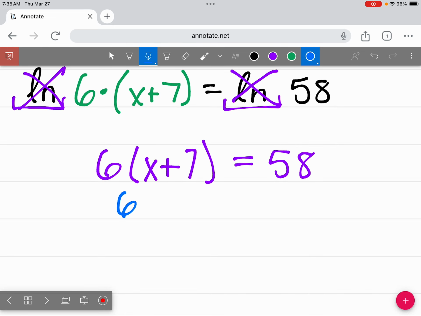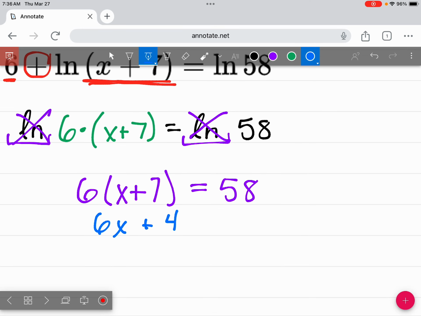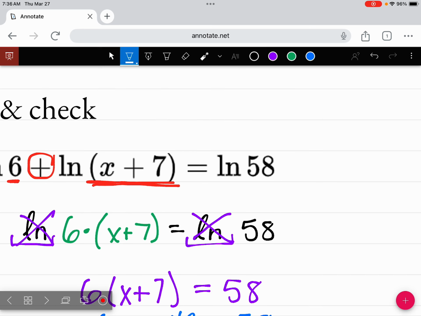That's going to give me 6x plus 6 times 7, which is 42. Does yours have a plus on it? Mine has a minus apparently in the equation. Love it. Okay. I'm going to switch this so it matches y'all's. I didn't even notice that. Yours is a minus.